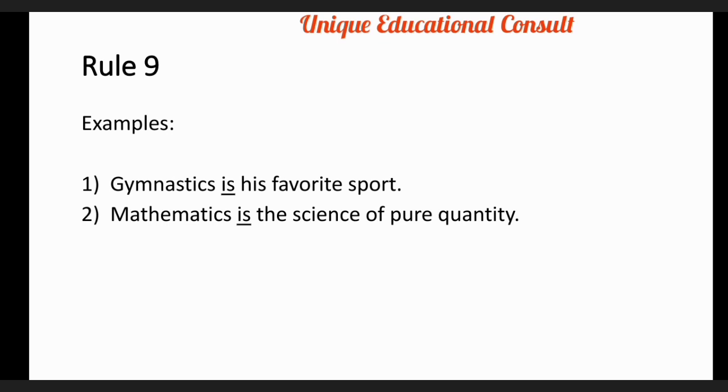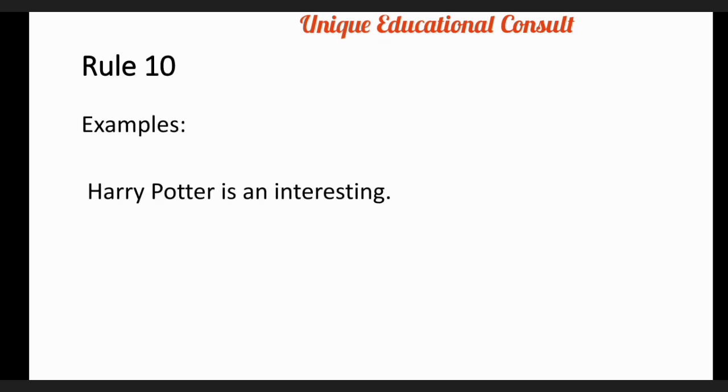Now let's go to the last one today, which is rule number 10. Titles of single entities. That is when we have the title of movies, title of books, or any title that is one entity. For books, for countries, for organizations, and some others, we have what? A singular verb.